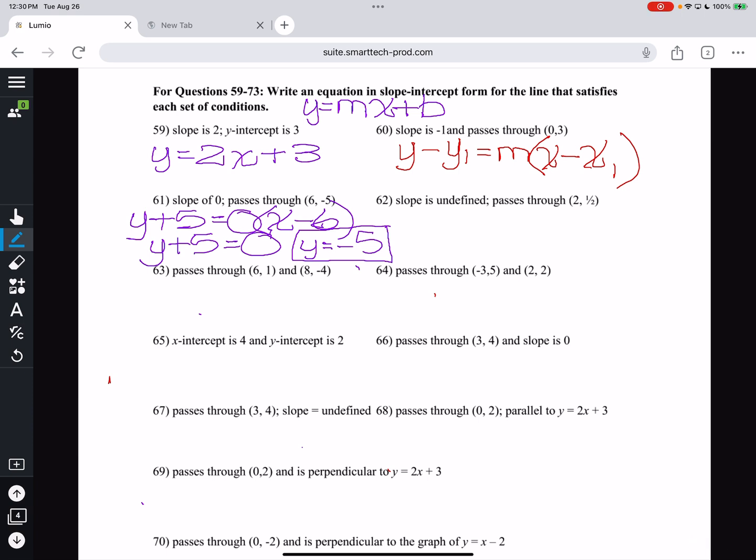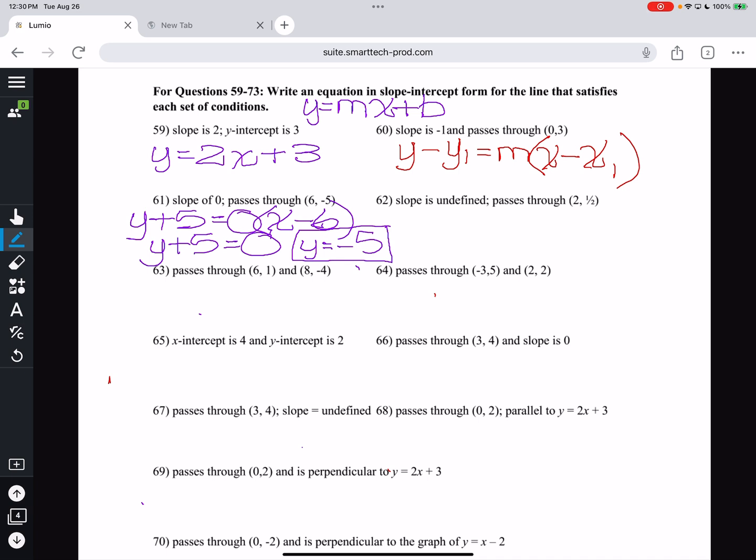You were told slope is 0. What does that line look like? Every time it's a horizontal, crossing the y-axis right through.